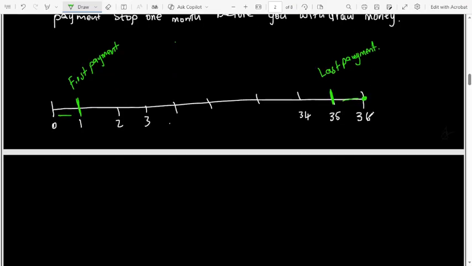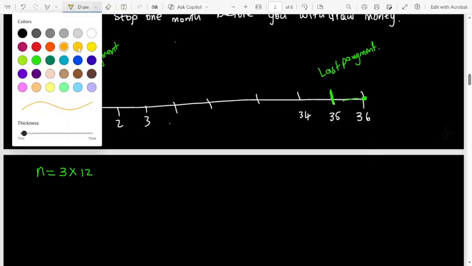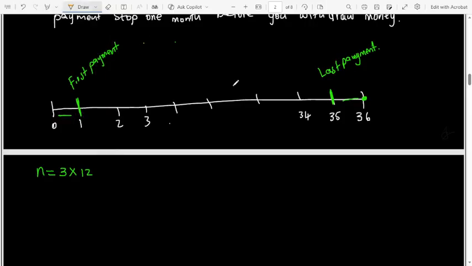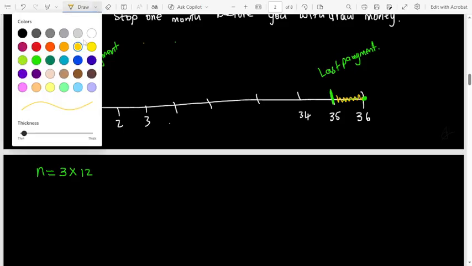First thing first, what will be my n? The number of terms, the number of payments, will be 3 multiplied by 12, which is 36. But we're not going to make 36 equal payments. We need to subtract that remaining month, because we're only going to make 35 payments.